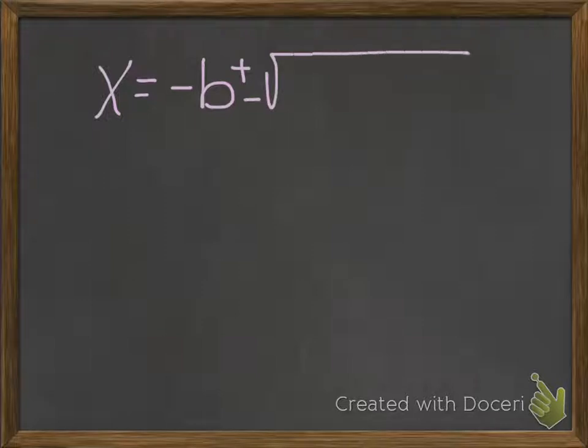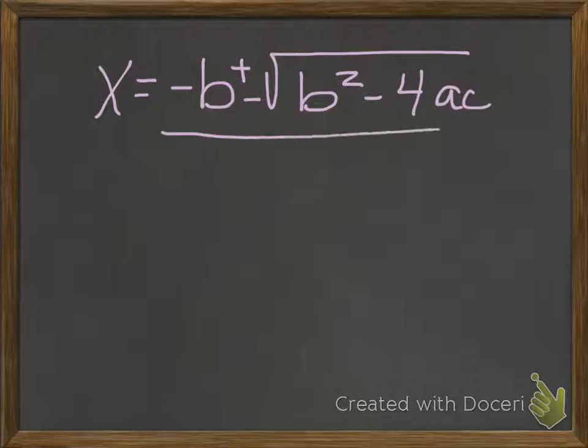So here we go. You want to start with what the quadratic formula is, so let's start with it. You can say it along with me if you know it. It's x is equal to negative b plus minus the square root of b squared minus 4ac over the whole thing over 2a.